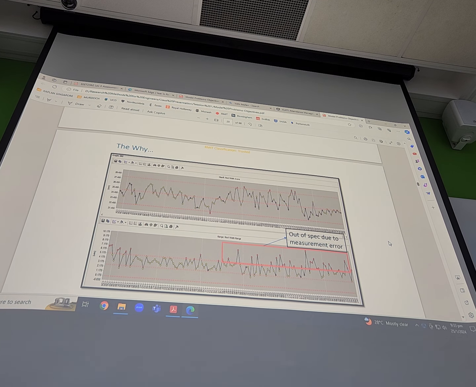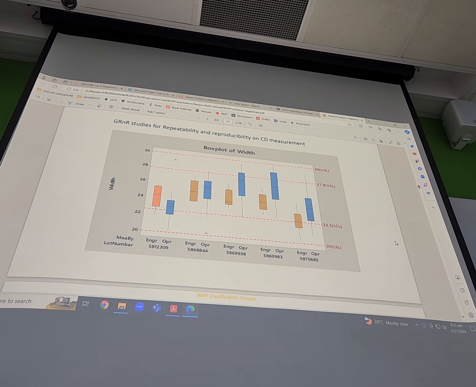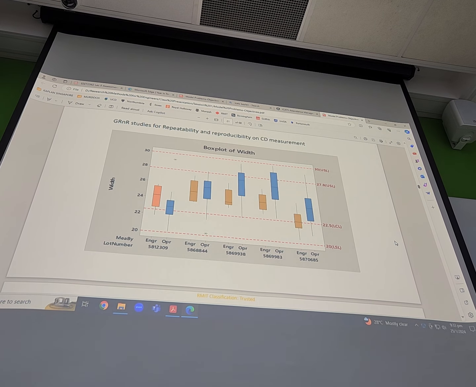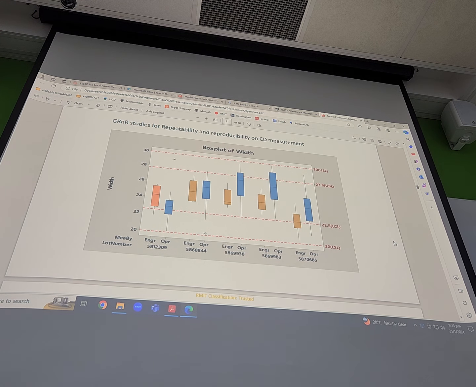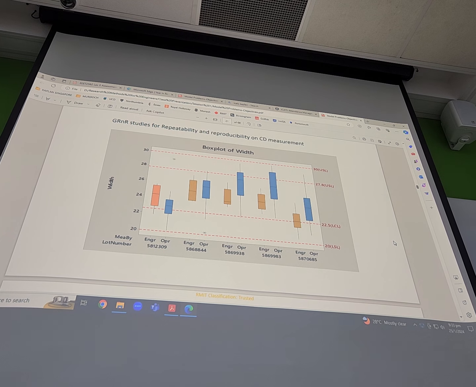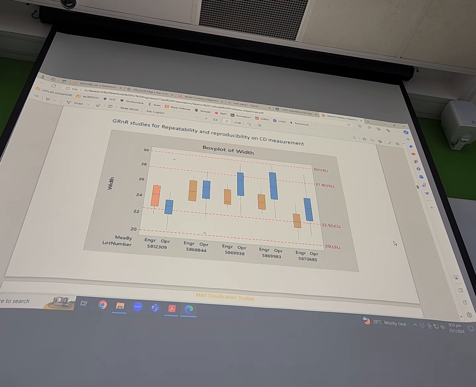The same thing is shown in a different way here. So there are some points which are going out, so you can see there is no consistency in the process.